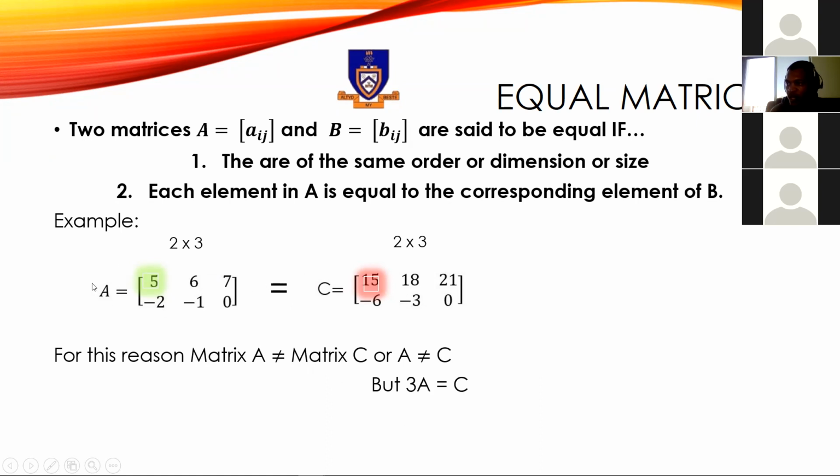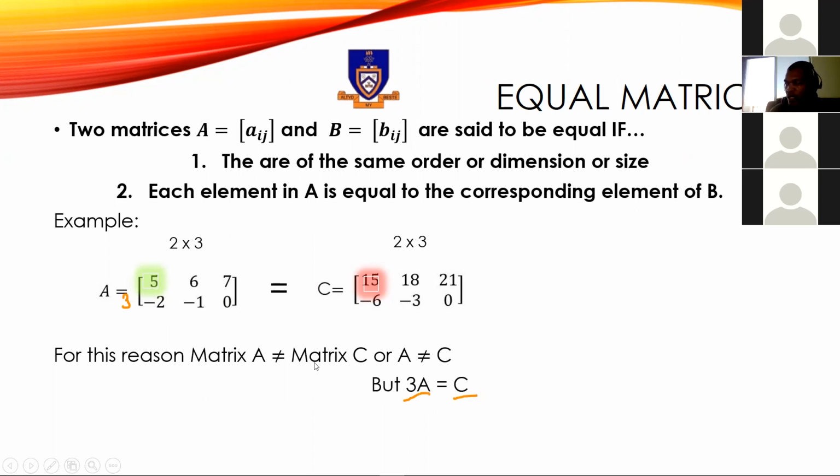So if you say A times 3, then it will be equal to C, all right? This is just an extra thing to note: if I put a 3 in front of the A, 3 times 5 is 15, 3 times 6 is 18, 3 times 7 is 21, 3 times minus 2 is minus 6, 3 times minus 1 is minus 3, 3 times 0 is 0. So 3A is equal to C. That is another observation that we can make.